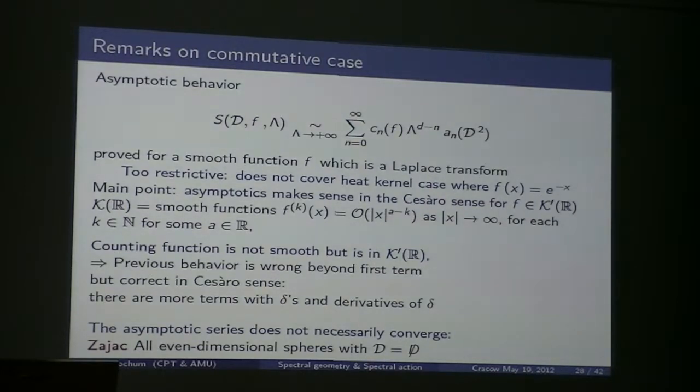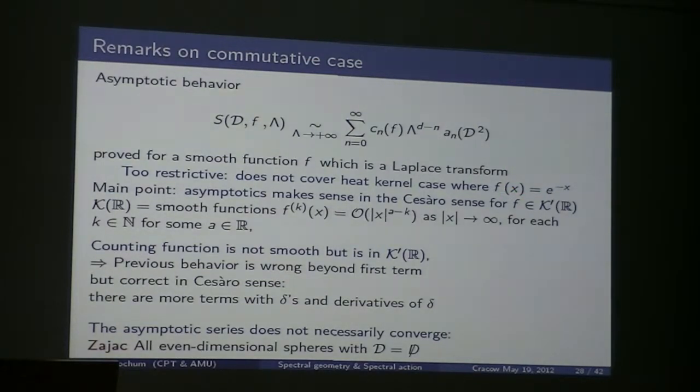But this has been proved, and this is where proofs are important in mathematical physics, for smooth functions, which are actually even more than that, Laplace transforms. And of course this is much too restrictive because it doesn't even cover the heat kernel case where the function is like that.